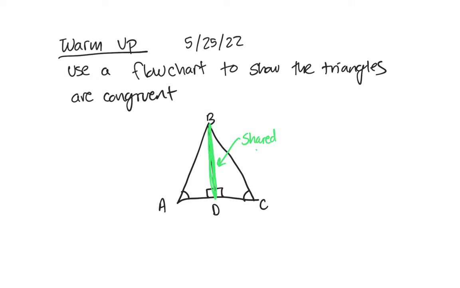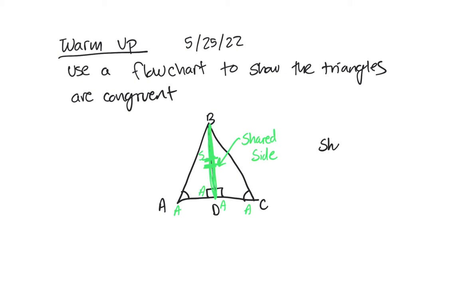That's the same length in both triangles. As such, we can put a tick mark, or 2 tick marks, it doesn't really matter, down the middle, indicating that that length is the same distance in both triangles. So now I have an angle, a side, an angle, and a side in both triangles.